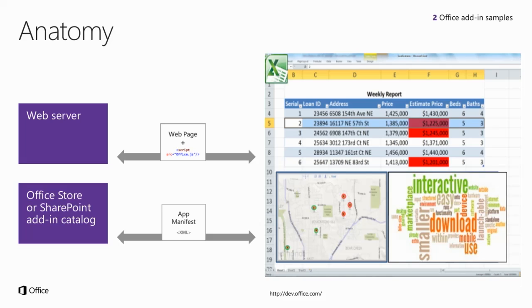In this XML file it finds where the add-in is hosted, then goes to that specific web server and retrieves the web page that corresponds with the add-in. That's the schema that's happening there. So only the add-in is downloaded onto the client, and then the web page is rendered inside of the Office clients.